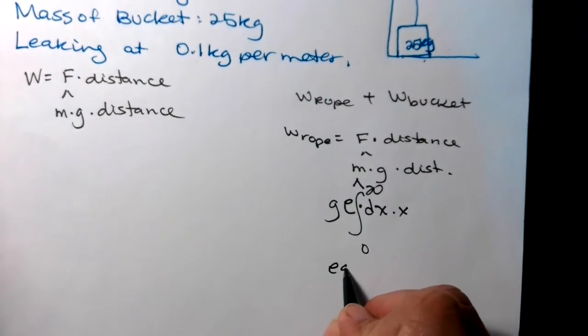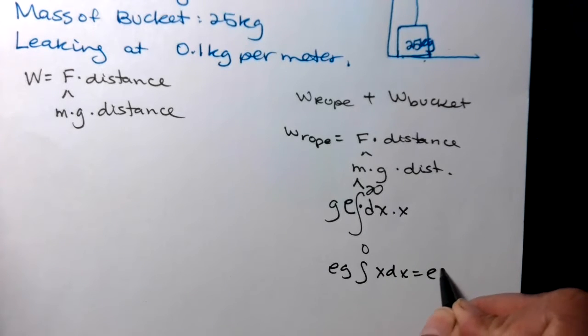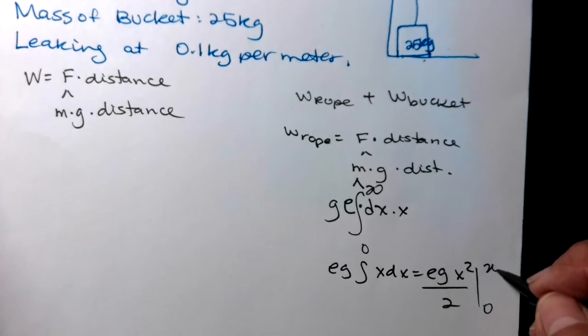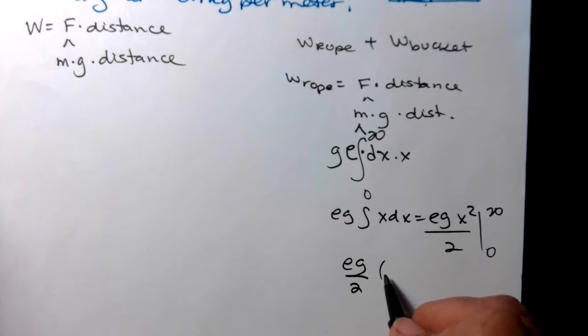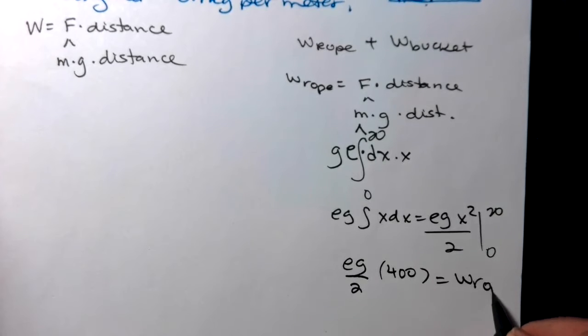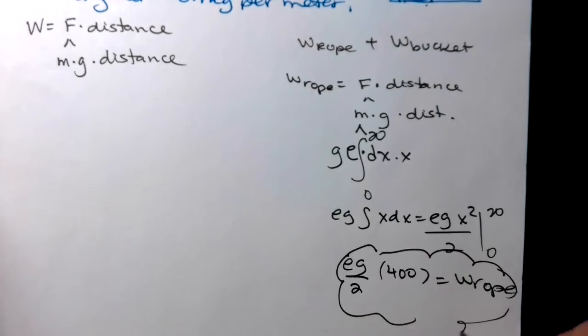So rho g, integrating x dx, rho g x squared over 2, from 0 to 20, rho g over 2 times 400. I'm going to keep this as the work for my rope, and we'll just put a little cloud around that and come back to it.